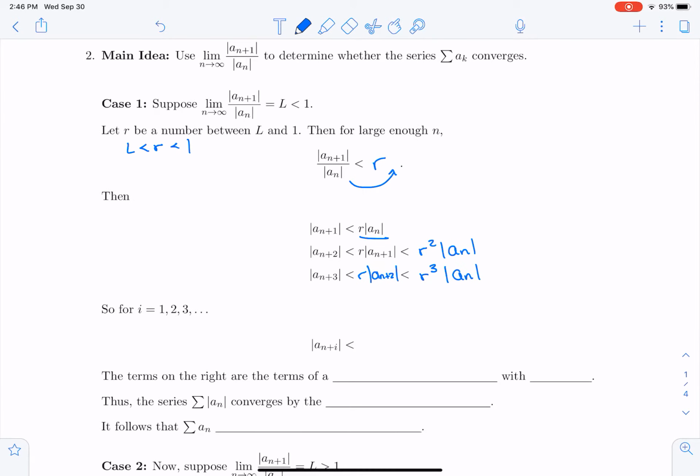We're starting to see that for i being 1, 2, 3, etc., a_(n+i) is less than R to the i times the absolute value of a_n. Now what's interesting is that the terms that you see on the right here are the terms of a geometric series.